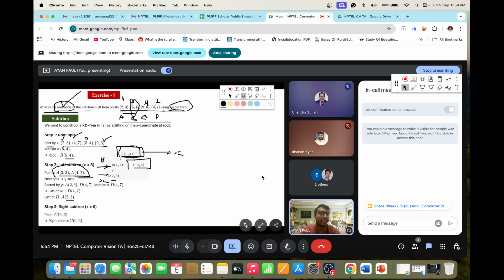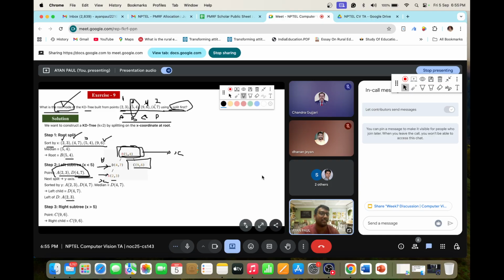So how can we arrange this in ascending order? That is 2, 4, 5, and 9, which means A, D, B, and C. Now what will be the median? Either D or B, right? So how can we choose between D and B? D is at the second position, B is at the third position.